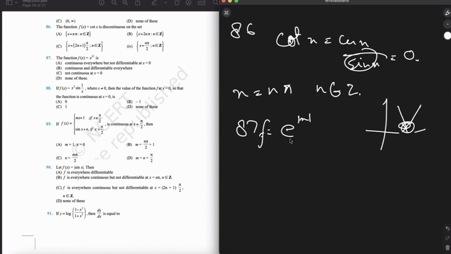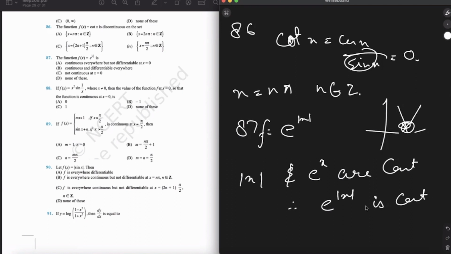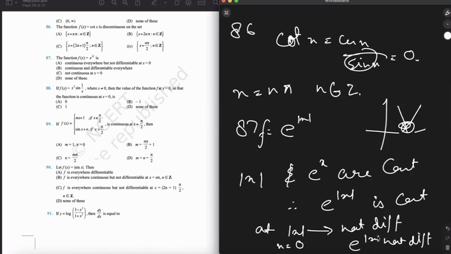Mod x and e raised to the power of something are continuous. Therefore, e raised to the power of mod x is continuous. But talking about differentiability, at mod x equal to 0, this is not differentiable. So this makes it not differentiable where mod x is equal to 0. So the correct option is option A for this.